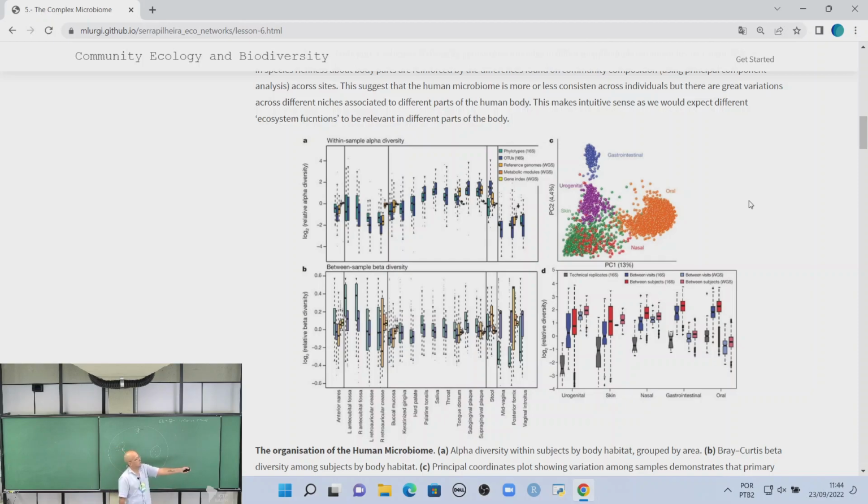So in this particular case, for example, local alpha diversity, which is the first plot, would be the diversity at each of these little dots here. That's why these are boxes. This is the entire universe of your species composition across all of your samples, so this would be gamma diversity here.